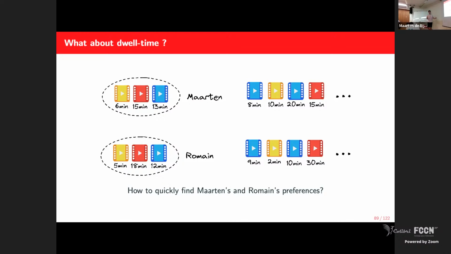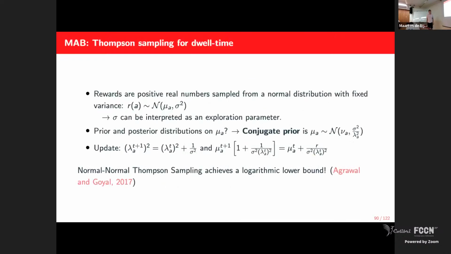So now we don't have binary rewards. Instead, we have some positive real numbers, and we can make the assumption that they are normally distributed around some expected value. So we have a normal distribution with one parameter that we want to estimate, and a certain variance in the reward that we observe.